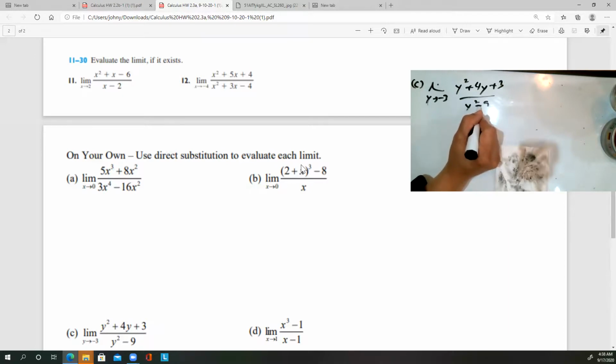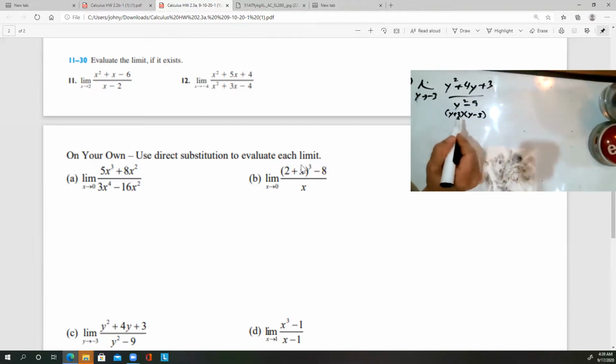So, the difference of squares always factors to its conjugates. It's going to be y plus 3, y minus 3. We know these are called conjugates because one has a plus, one has a minus.